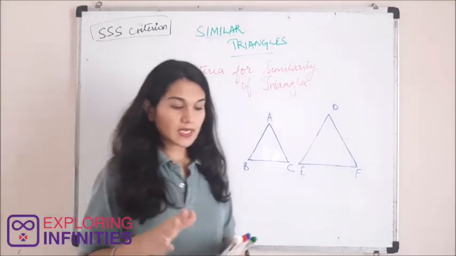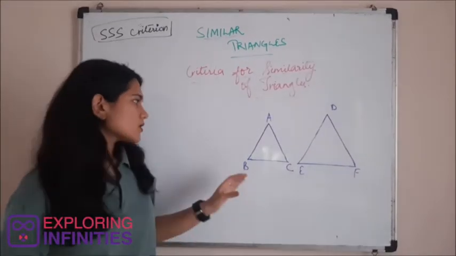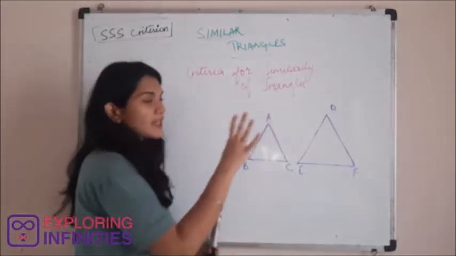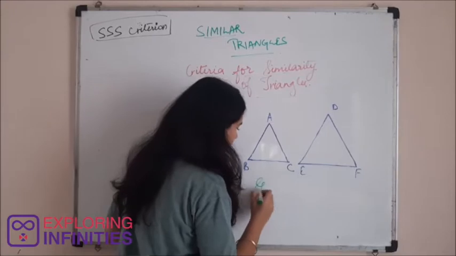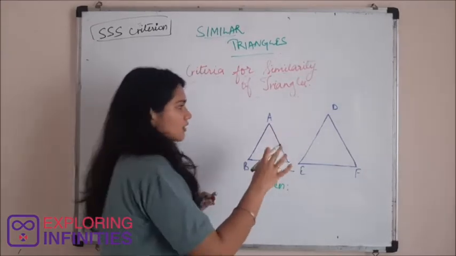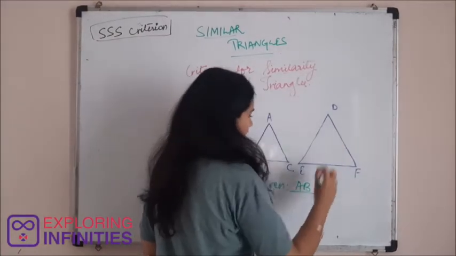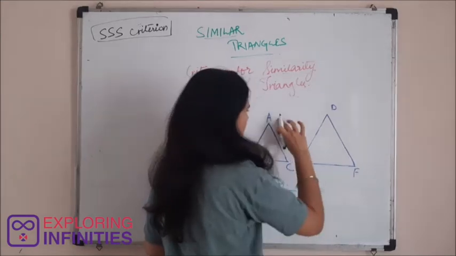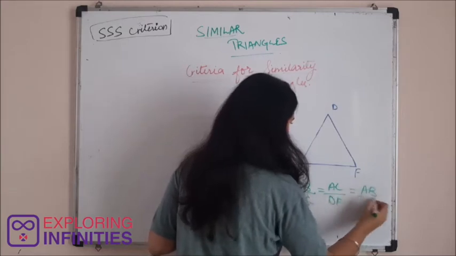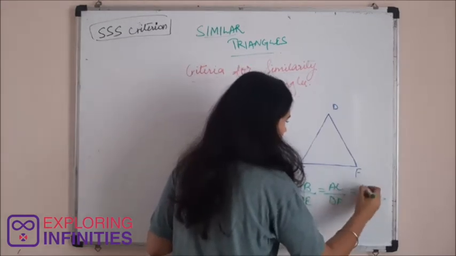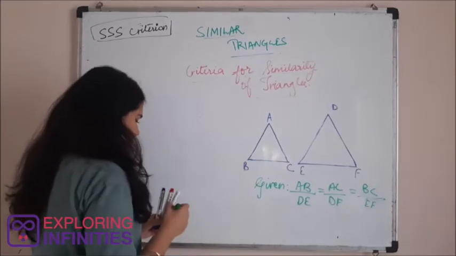As per the side criteria, the theorem states that if you are given two triangles wherein you know that the corresponding sides are proportional, you know that the ratio is the same, so given is that the corresponding sides are in the same ratio, which is AB divided by DE is equal to AC divided by DF, which is equal to BC divided by EF. This is already given to us.